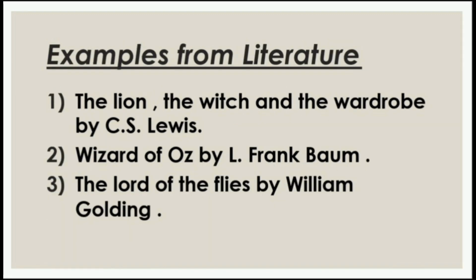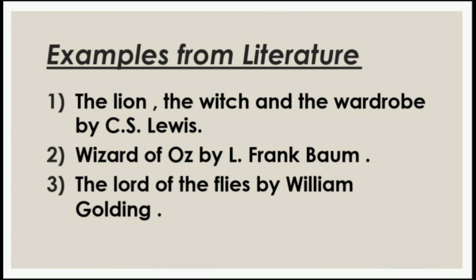The first one is The Lion, the Witch and the Wardrobe, which is written by C.S. Lewis. Basically this piece of writing is a religious allegory. In it we find that Aslan, the lion, represents Christ or God, the White Witch represents evil, and Edmund represents Judas as the betrayer.